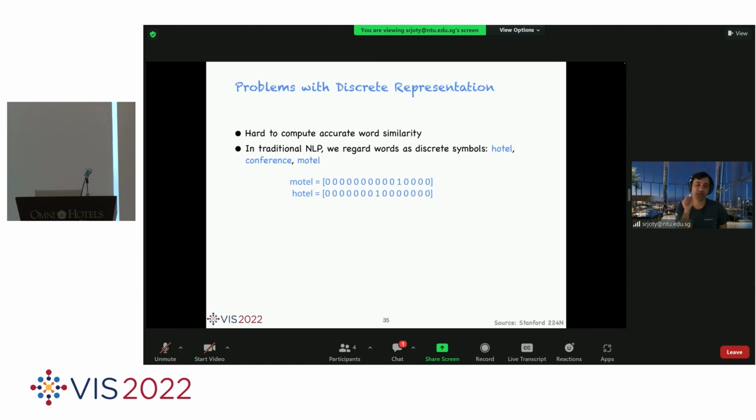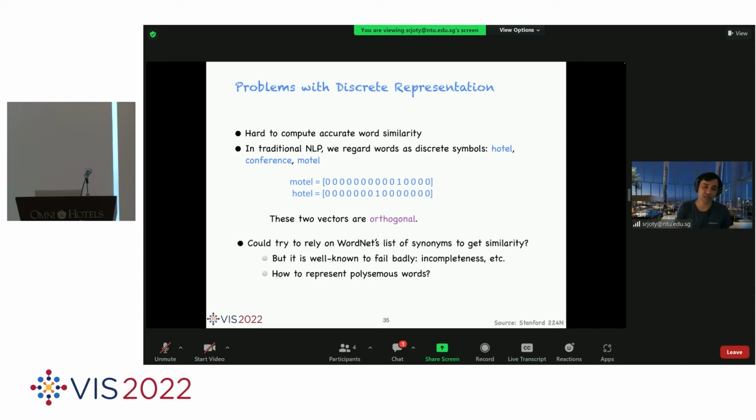Similarly, for hotel, the index of hotel would be 1, others would be 0. But now you can see in this representation, they are orthogonal, even though these two are related or synonyms in that sense. So these two vectors are orthogonal, that means independent, even though in their meaning they are actually similar. So this is one of the main problems with the discrete representation.